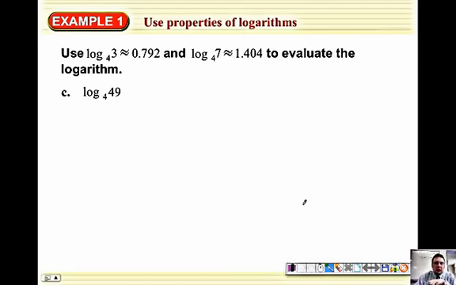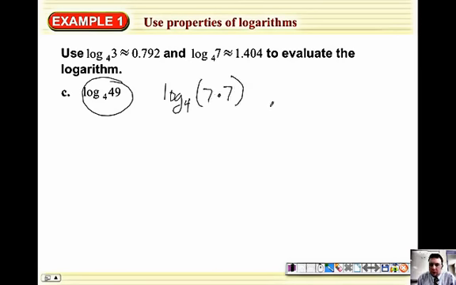Alright, last one in example 1. Log base 4 of 49. Actually, a couple ways you could do this. You could say log base 4 of 7 times 7. Sure, that's fine. Or log base 4 of 49 is the same as 7 squared. Either one you go with doesn't matter.